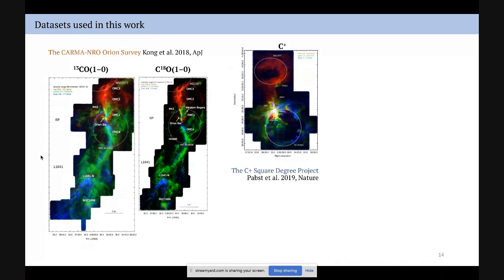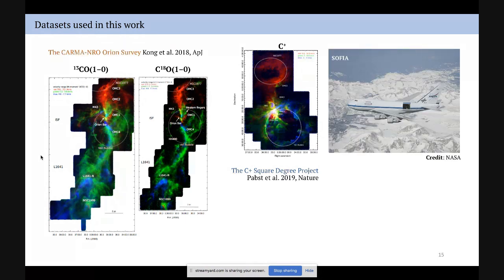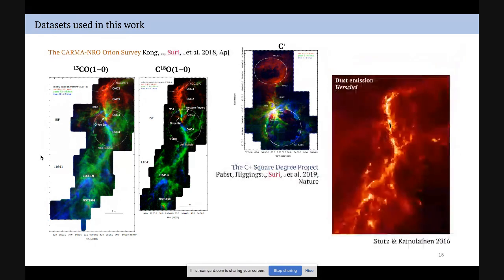I've also been a part of the C+ SCOPE project that Cornelia has just presented. So I made use of the C+ emission map that was observed with SOFIA. I've also used the dust column density map from Stutz and Kainulainen in 2016.